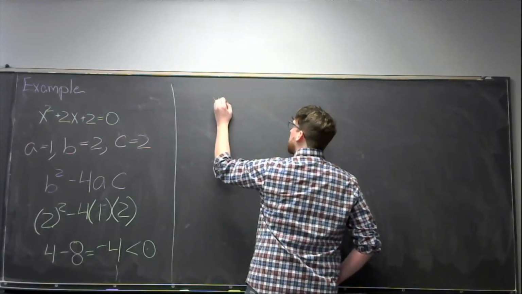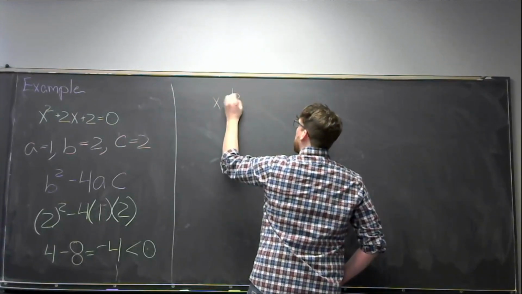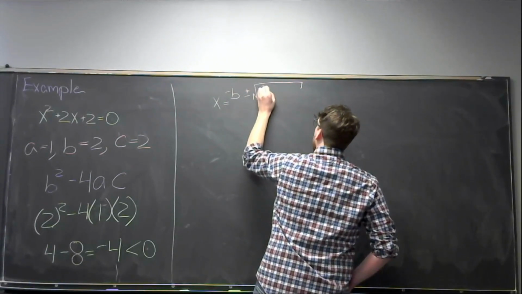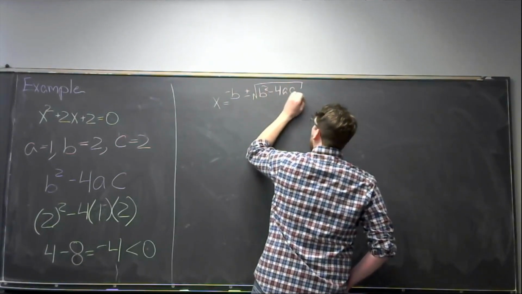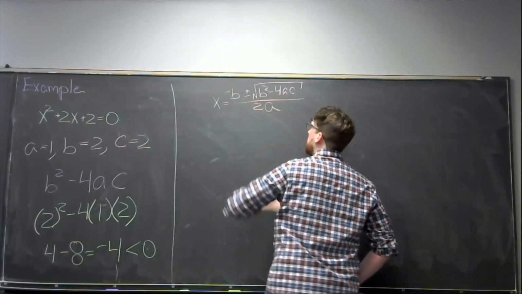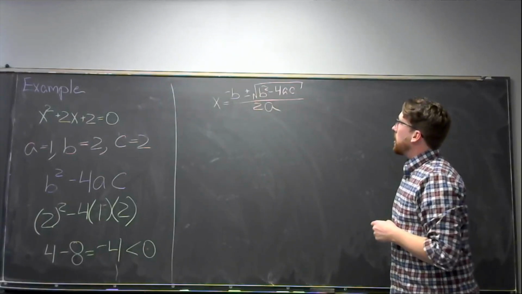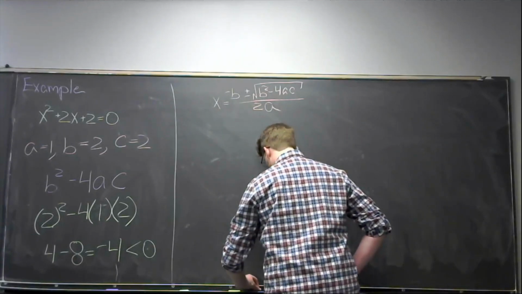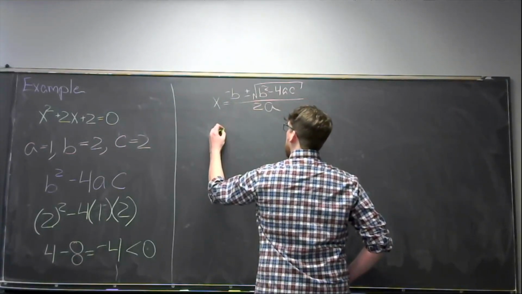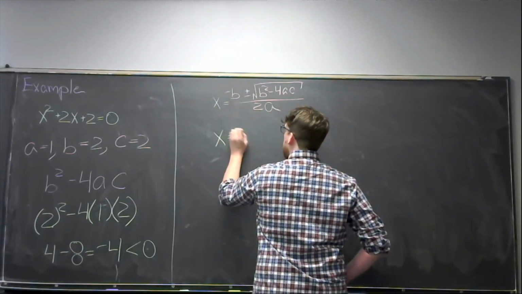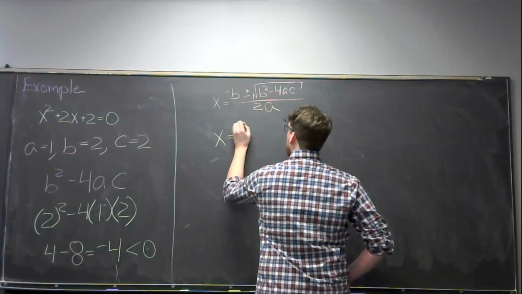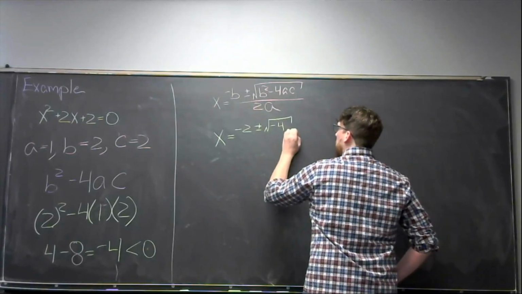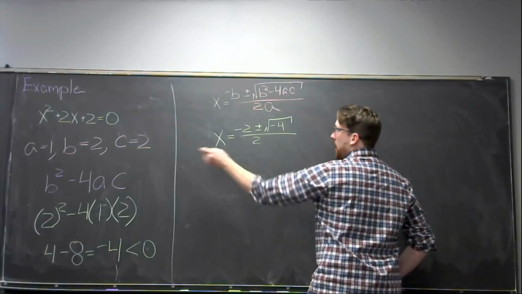Now we know x is equal to negative b plus or minus the square root of b squared minus 4ac, all divided by 2a. We know b squared minus 4ac is equal to negative 4. So x is equal to negative b, which is -2, plus or minus the square root of negative 4, divided by 2 times a, which is 1.